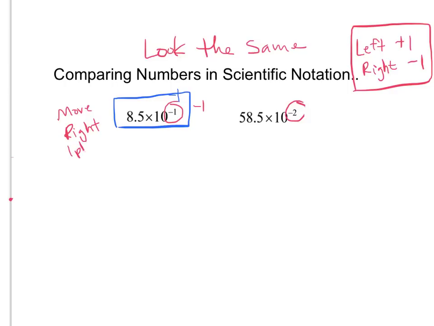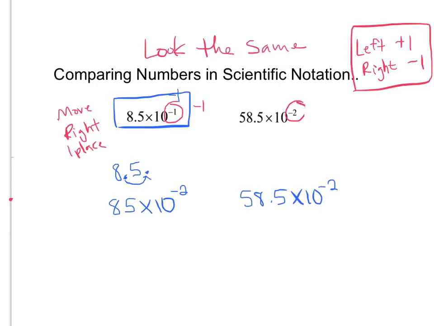One place. And so what I can do now is take 8.5, move it to the right, so this is this direction, put my decimal place. So now my number is 85 times 10 to the negative 2. Pretty cool. And so now I have 58.5 times 10 to the negative 2.